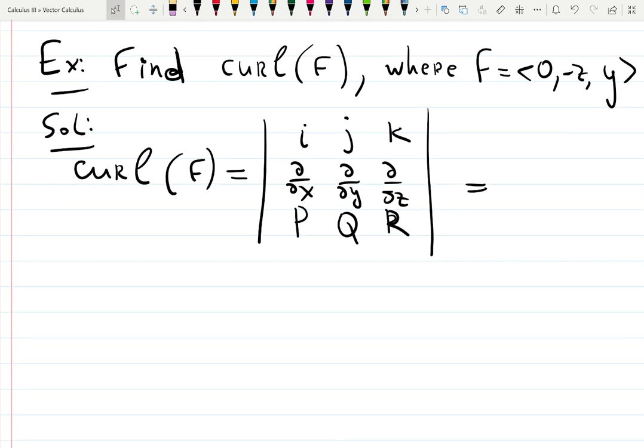Now, I just need to remember P, Q, R. P is 0, minus z, and y. Just plug it right away. P, Q, and R, first, second, and third one. Doesn't matter what is there, you put it in order.